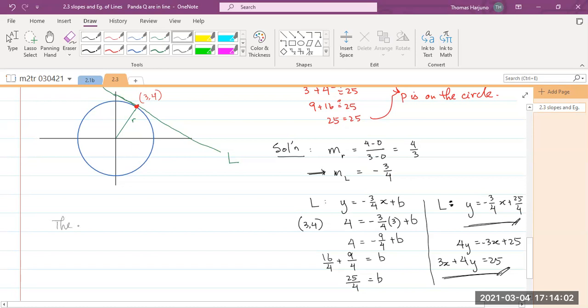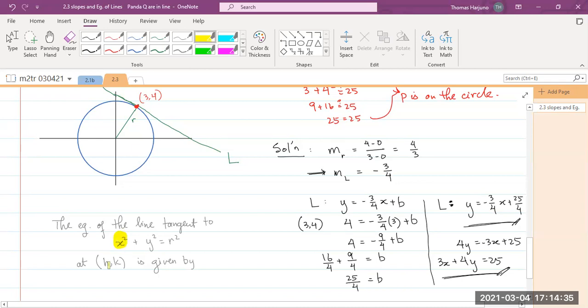The equation of the line tangent to x squared plus y squared equals r squared at (h, k) is given by: you replace one of the x's here, you have x times x, right?